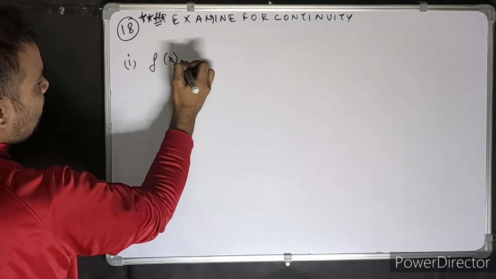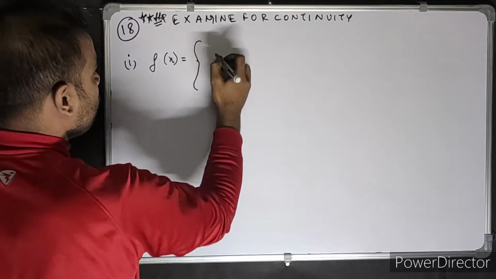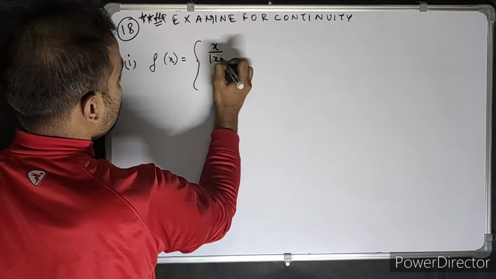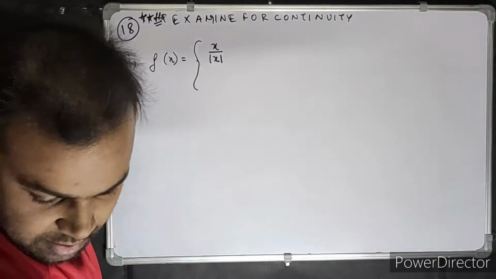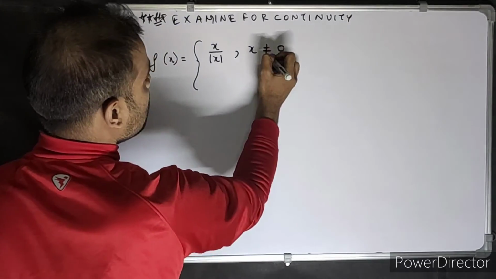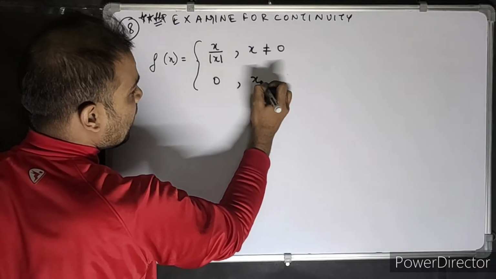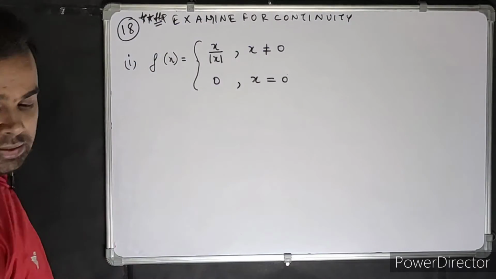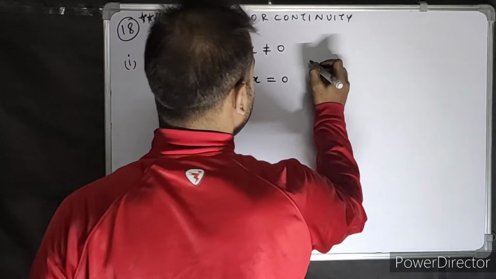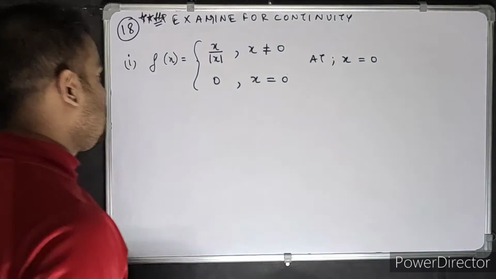It's given as f of x is equal to x divided by mod x when x is not equal to 0, and it is going to be 0 when x is equal to 0. You have to check whether the function is continuous at x equal to 0.